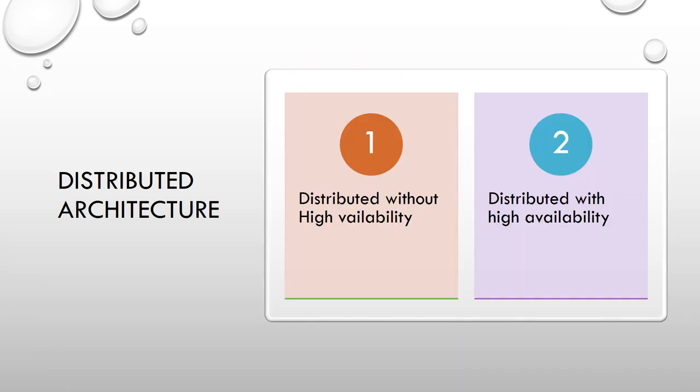Now that we are done with the minimal deployment part, let's talk about the distributed deployment of VRA's automation. Also, I hope this doesn't sound redundant, but there are again 2 ways in which we can deploy distributed architecture, which are the distributed deployment without high availability and the distributed deployment with high availability.